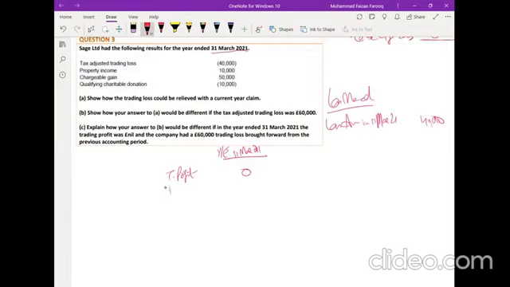Now I will add all the incomes because I need total profits. The chargeable gain is 50,000, and I do have QCD. The total will be 60,000. This is known as total profit. Now, less current year claim, that is, current year loss relief. Am I right? How much is your loss?